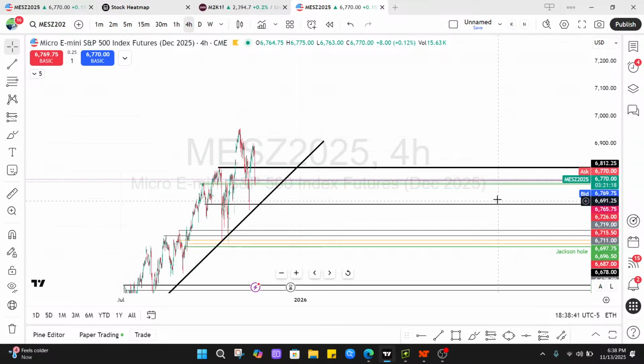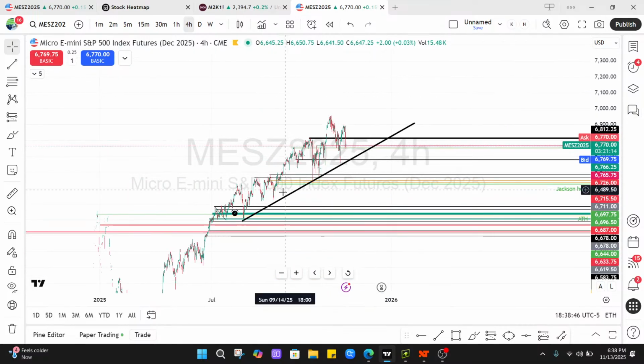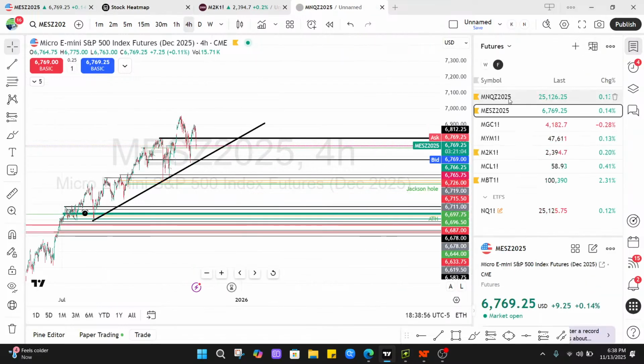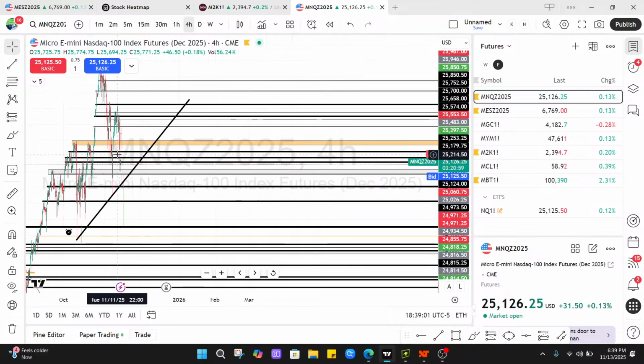Alright, just real quick, looking at the hourly. What's funny is that this trend line that I drew on the ES is the exact trend line that I drew for the NQ. Right now I'm just waiting for it to crack this trend line.